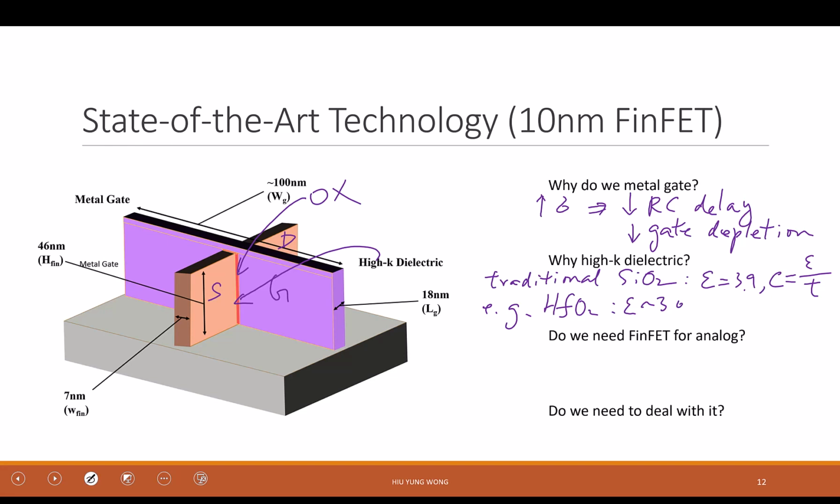Then it means that for the same thickness, I can increase the capacitance. Okay, so that can avoid the tunneling while at the same time I have enough capacitance to induce a lot of electrons. And actually this is related to the control also.